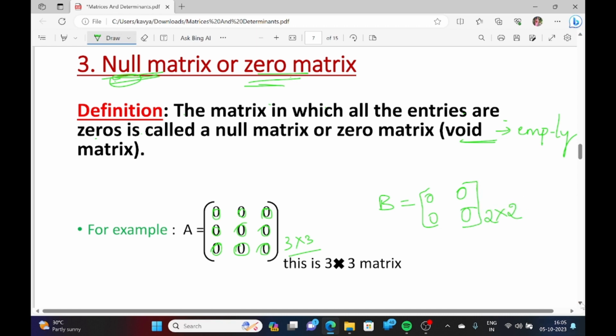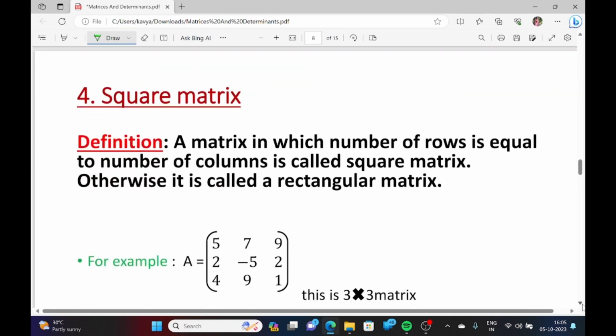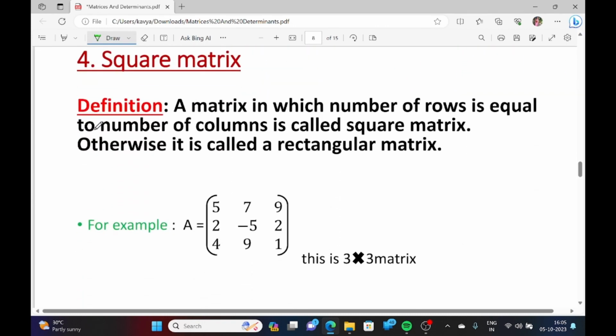Okay, next, square matrix. A square matrix is a matrix in which the number of rows is equal to the number of columns. How many rows are there here? 1, 2, 3.